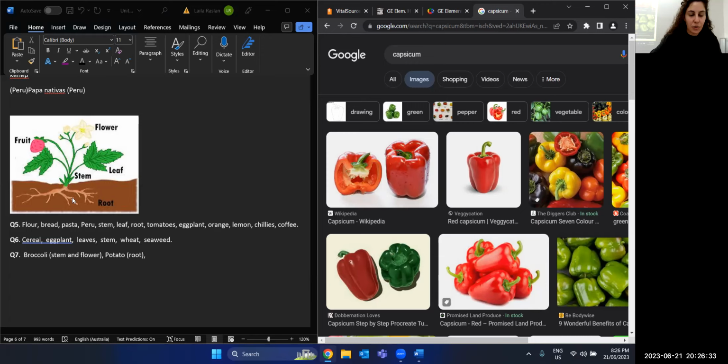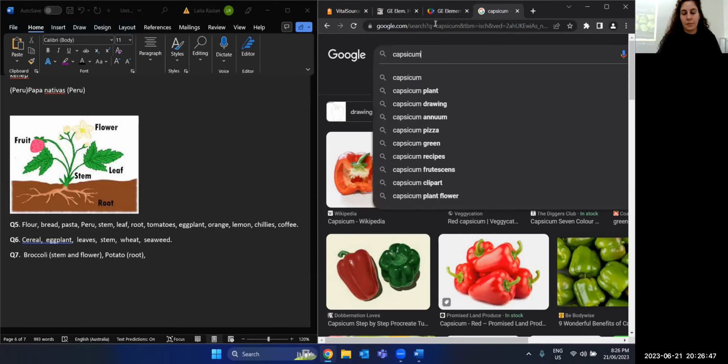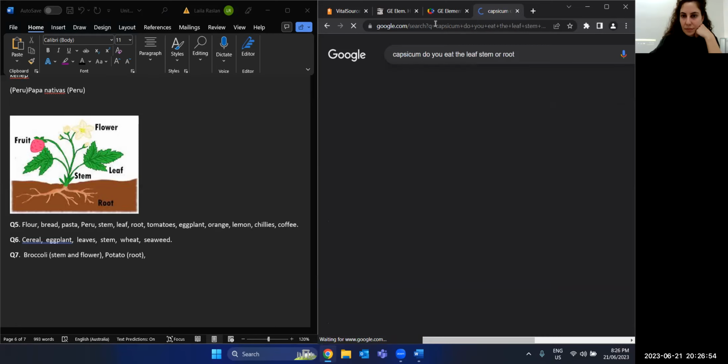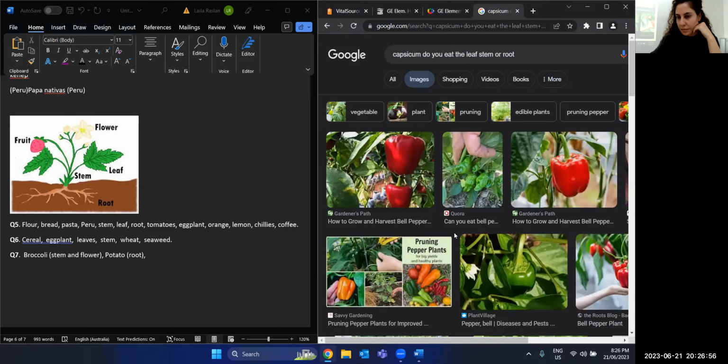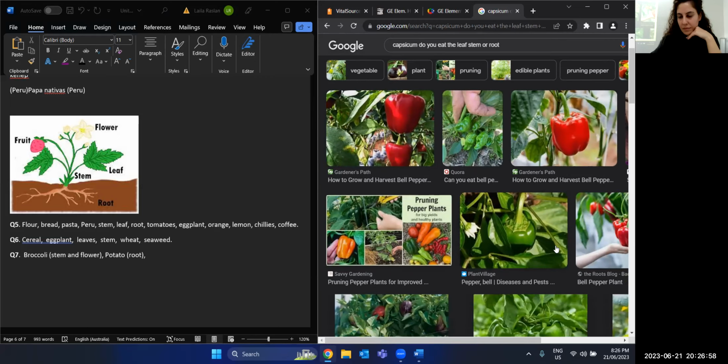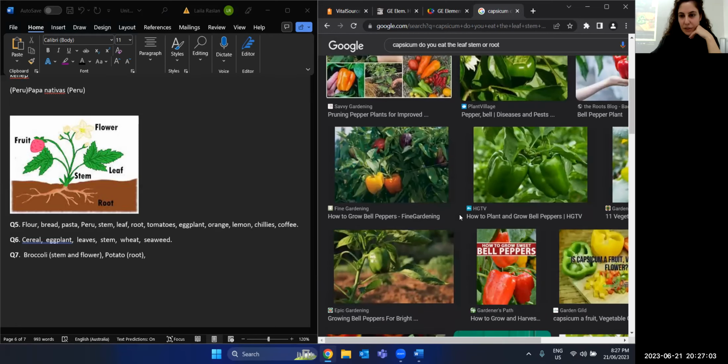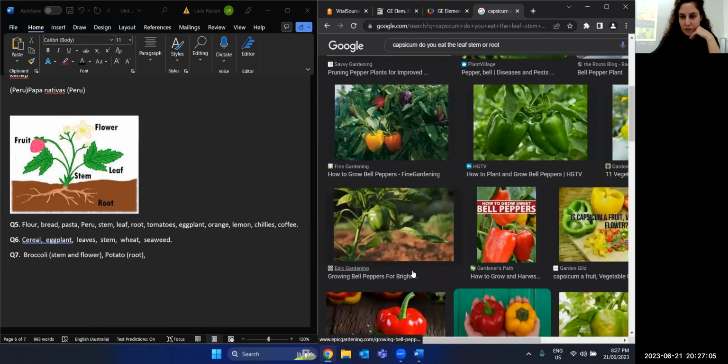Is it the stem or the root? The fruit, I think, because this is a fruit.